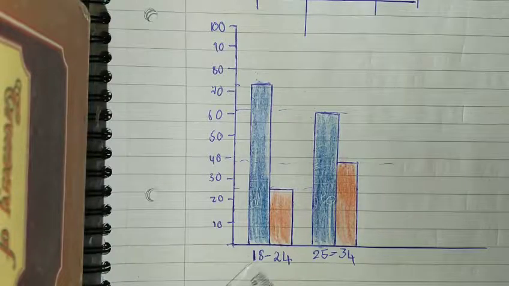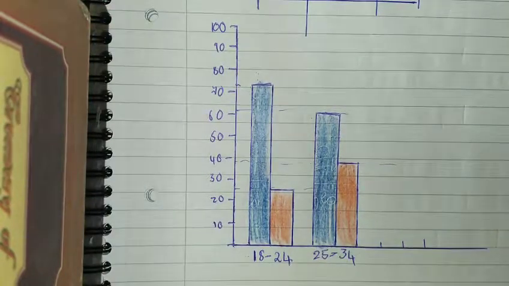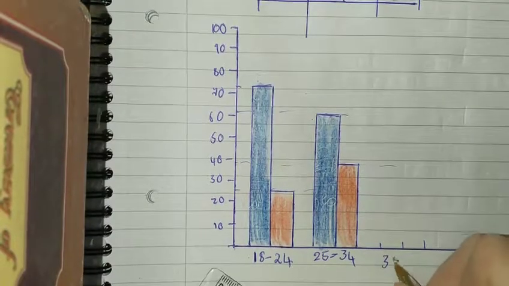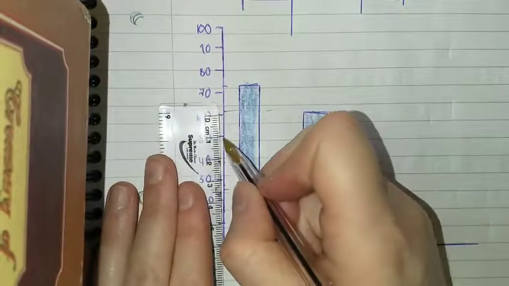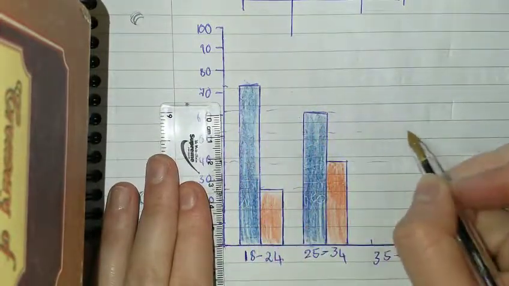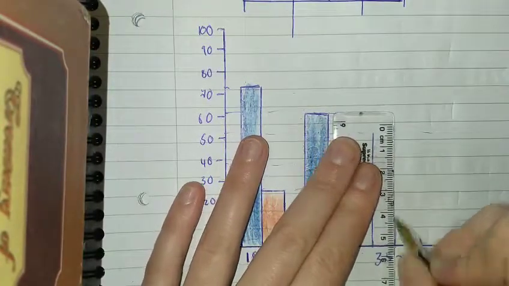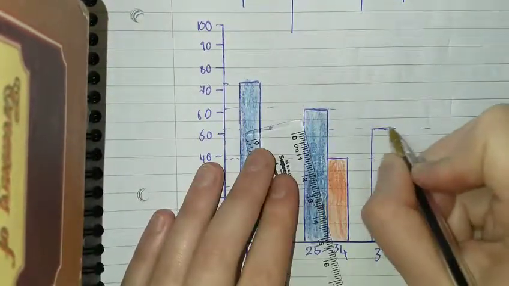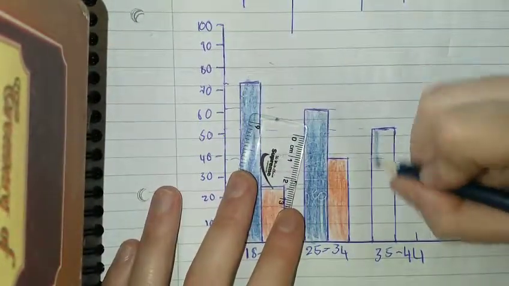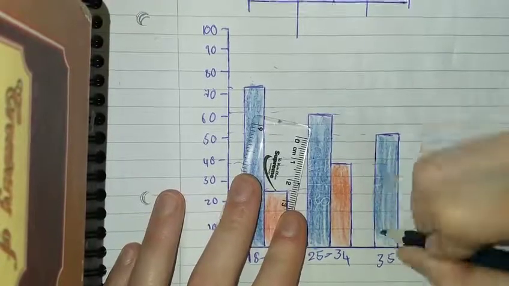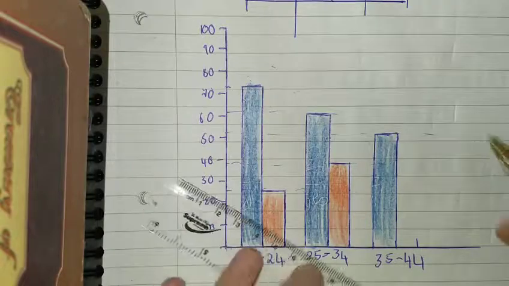And now we go on to our next age group. So 35 to 44. So the percentage that chose to remain was 52%. So shade that in blue. And then that chose to leave was 48%.